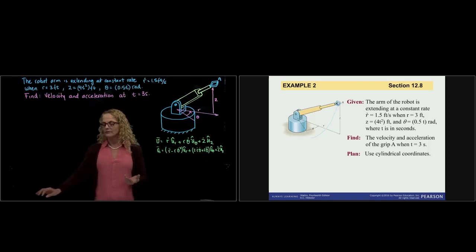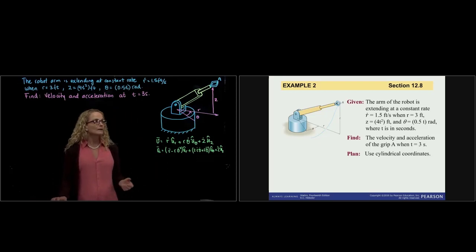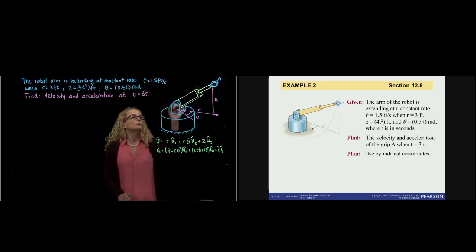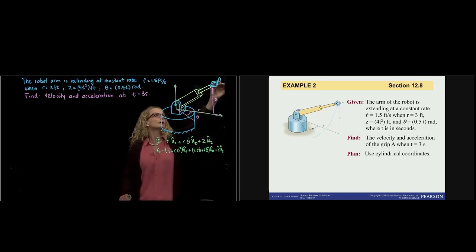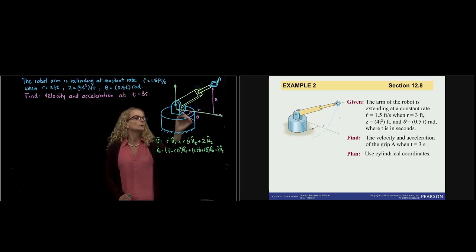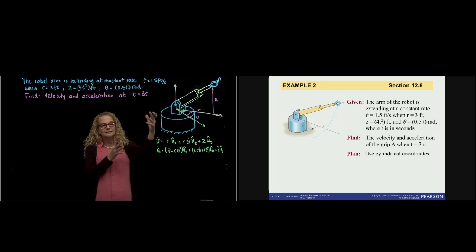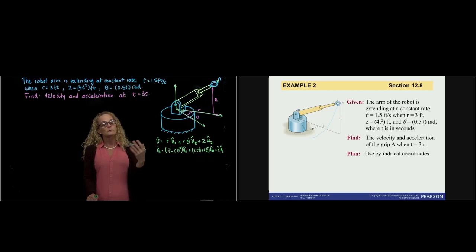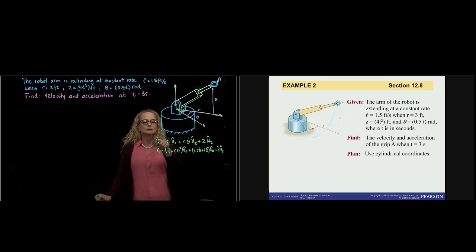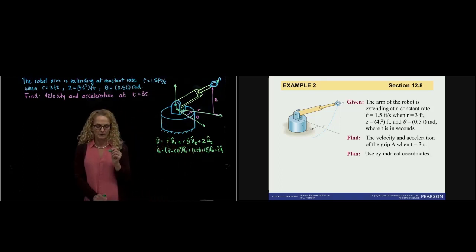But in this case, we have a coordinate system that is moving with the robot arm. Therefore, when you derive the expression of the position, you take the derivative not only of the magnitude, but also of the unit vectors. So please review the theory.